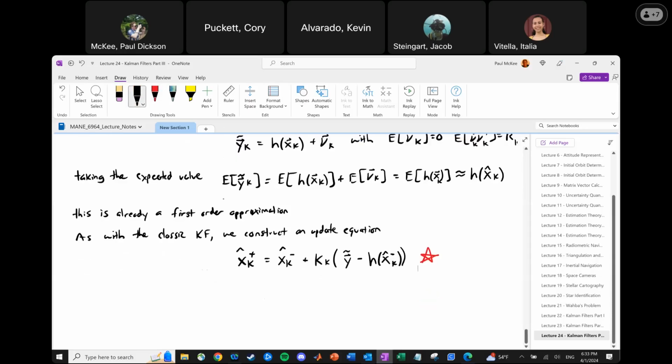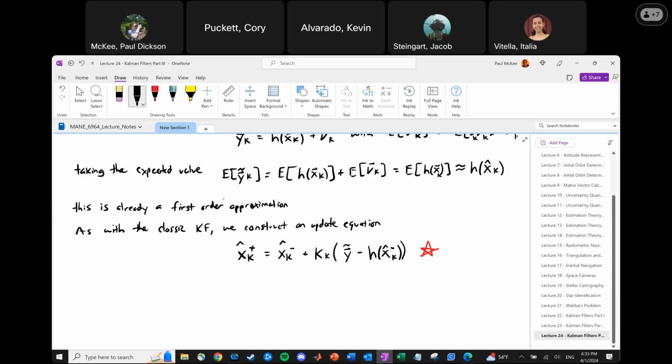Now, if we say this, okay, x hat k plus minus the true trajectory is equal to x hat k minus minus the true trajectory, all we're doing is subtracting the reference state from both sides of the equation, and then keeping the rest the same. So this is y_k minus h of x_k. Okay. Well, now this is again a deviation, which we're going to call delta x hat k plus.